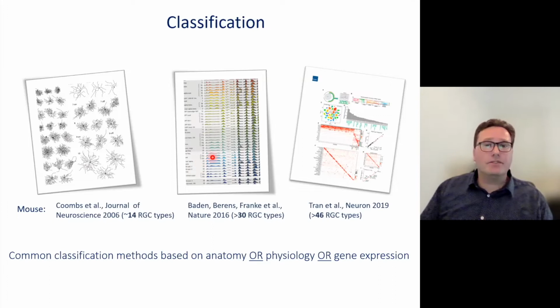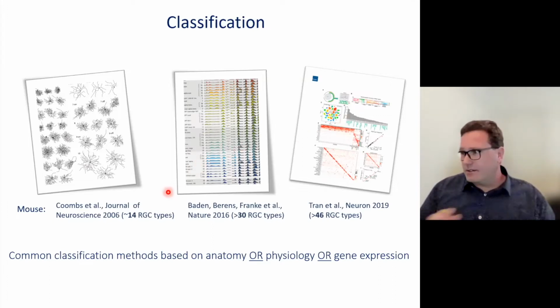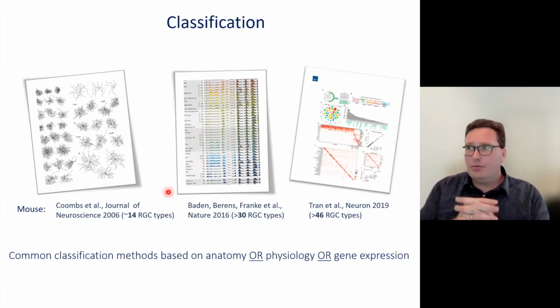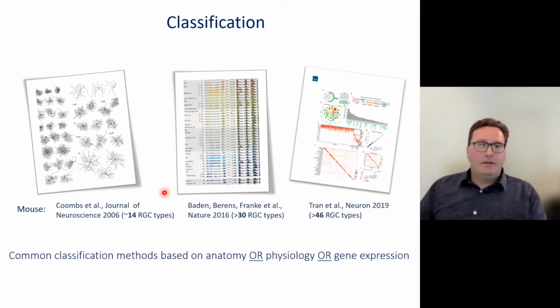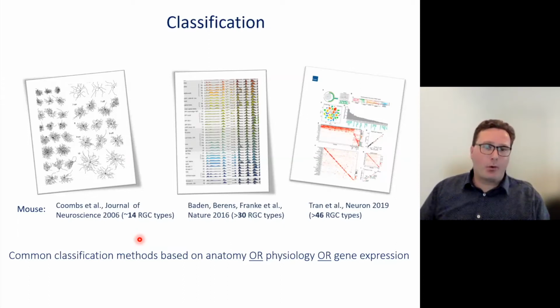You see the number is constantly increasing. Just as a comparison, in the human and in the non-human primate retina, we have around 17 to 20 different ganglion cell types as of now, so this could potentially also increase. However, the common classification methods are based on anatomy or physiology or gene expression.